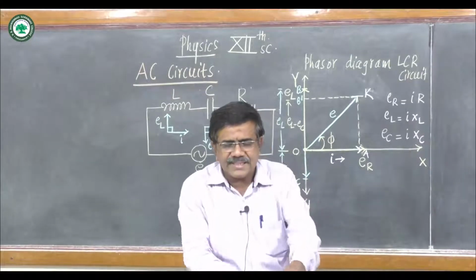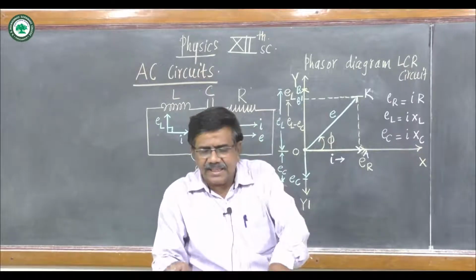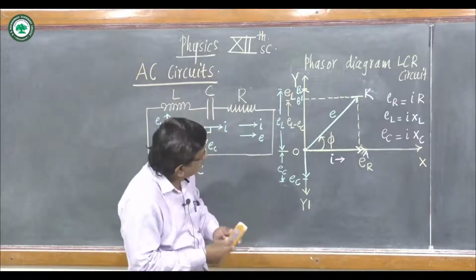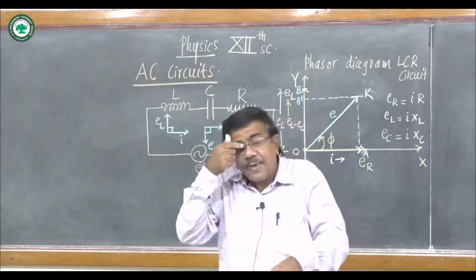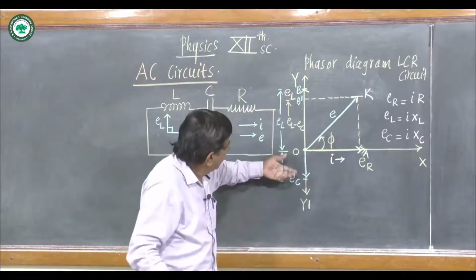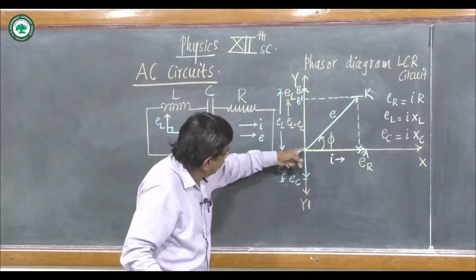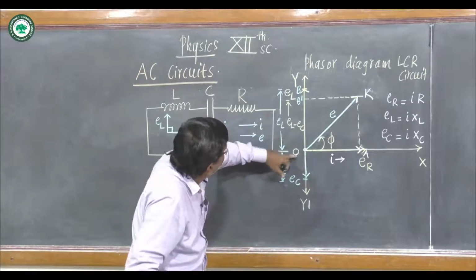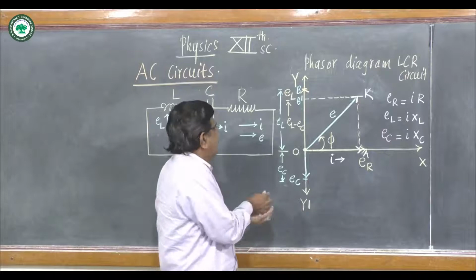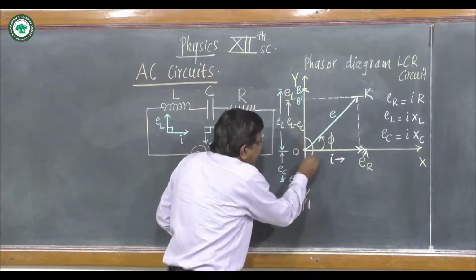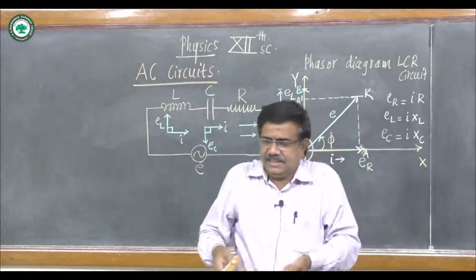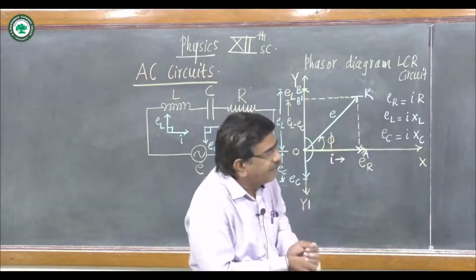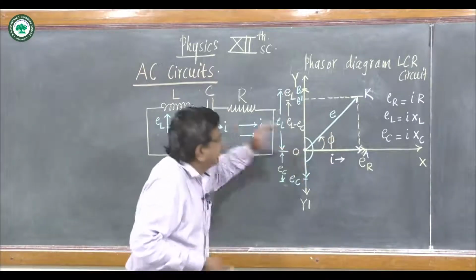Now the voltage across the inductor and capacitor have a phase difference. The voltage across the inductor and capacitor, that is EL and EC, have a phase difference of 180 degrees.